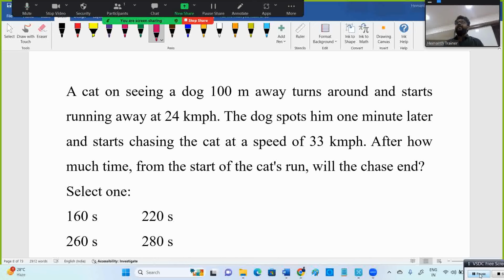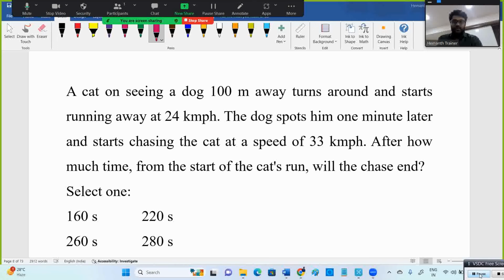And after 1 minute, the dog spots that cat and then starts running. In that 1 minute also, the cat is running a certain distance. Already 100 meters away, and we know the cat doesn't go close to the dog. That we have to understand. It will go opposite, away. Already 100 and still it wants to go more distance.